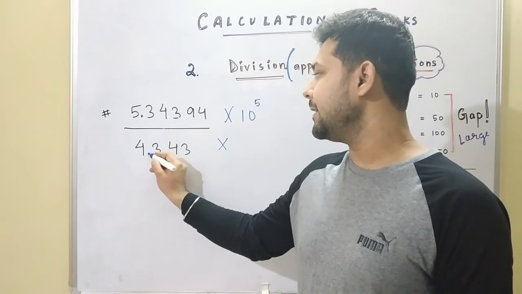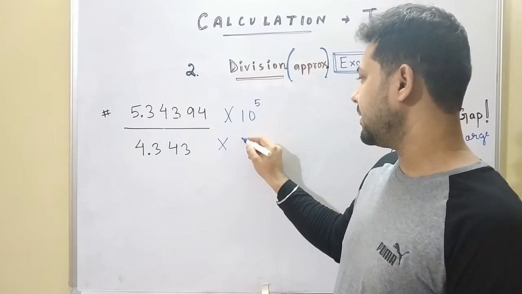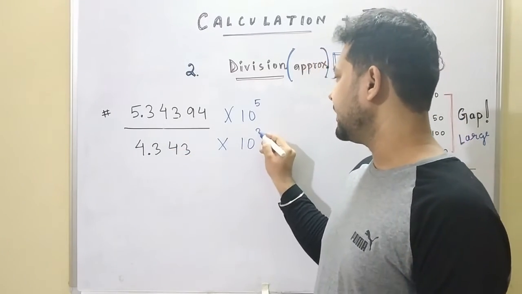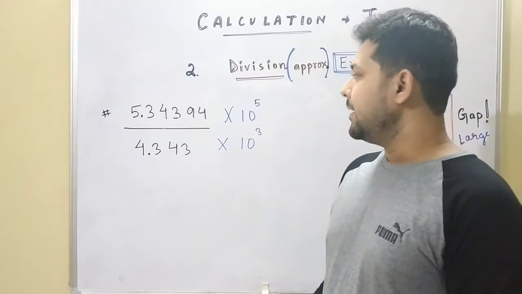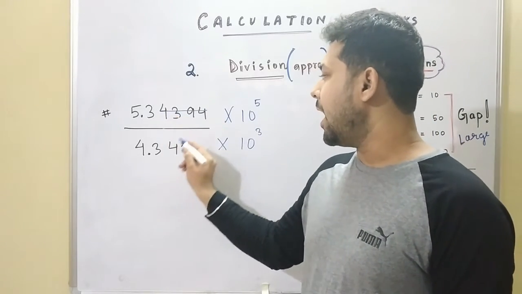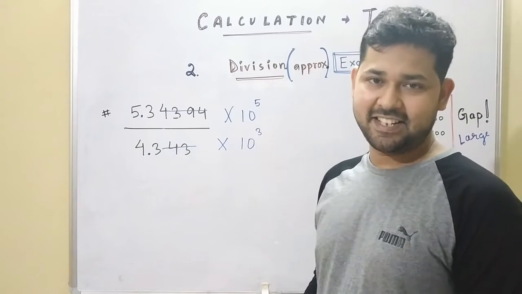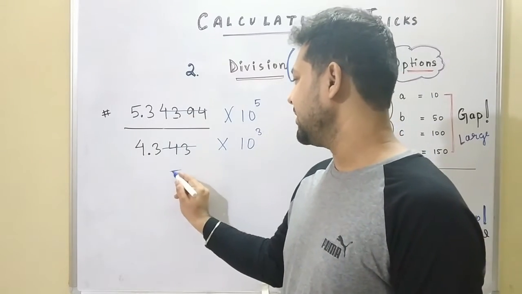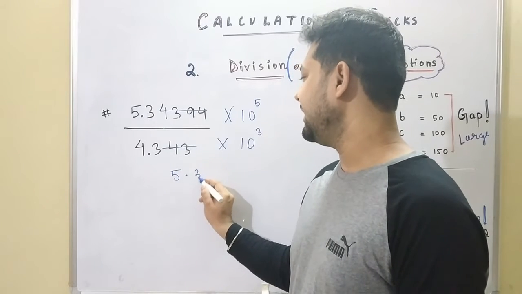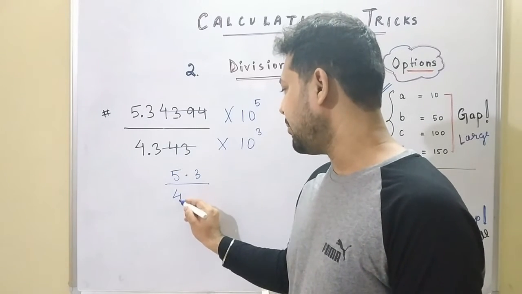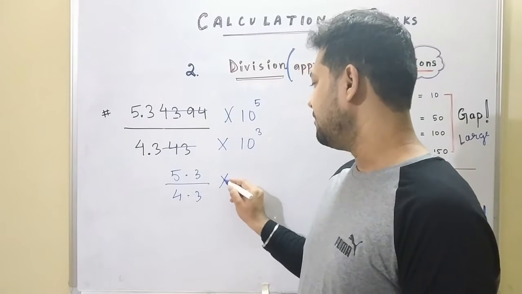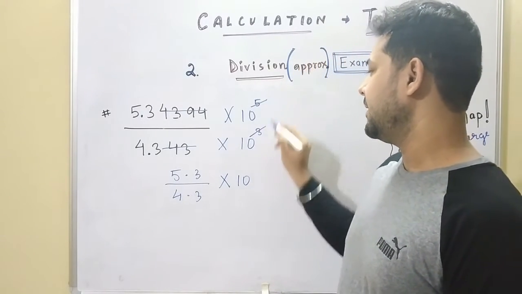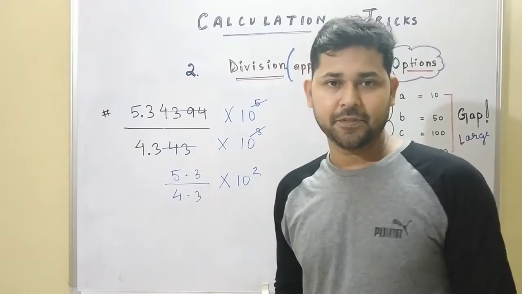We'll simply place the decimal just after the first digit, and 10 raised to power 1, 2, 3, 3. Now these numbers are of no use. You simply place 5.3 and 4.3, multiply by 10 raised to power 3, and here 2.